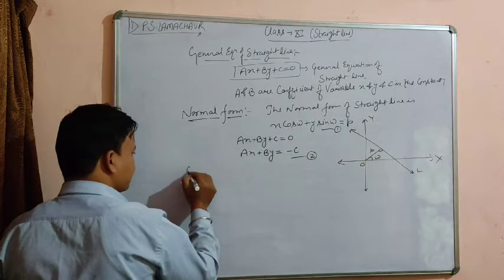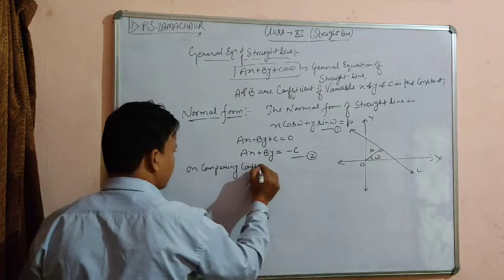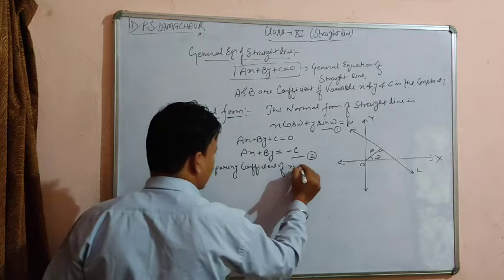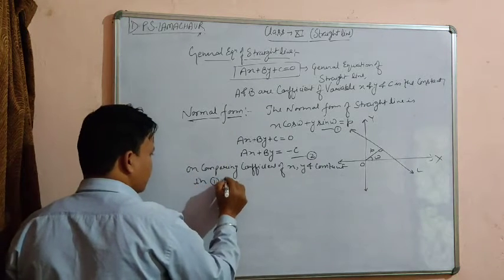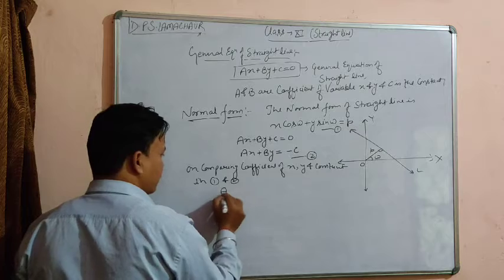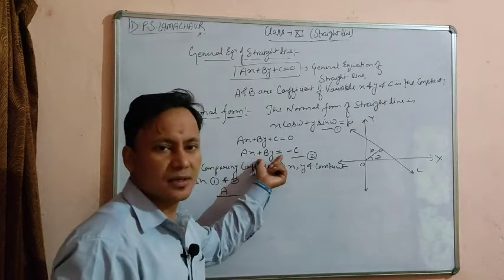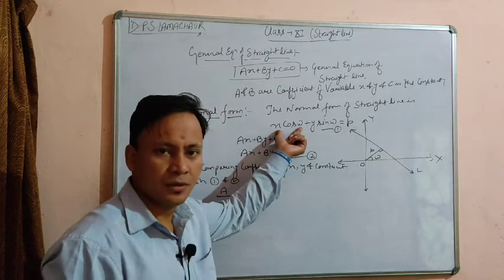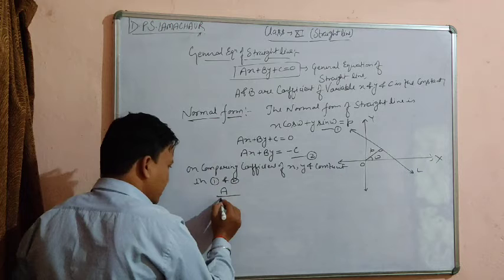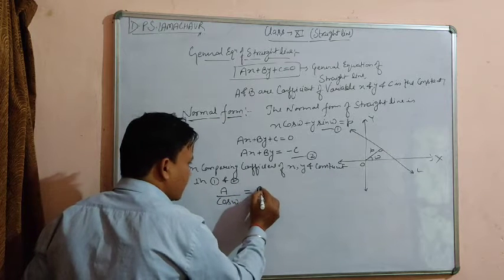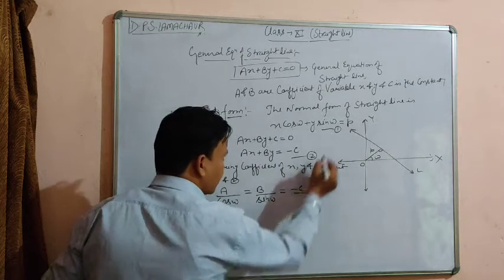Now on comparing the coefficients of x, y and constant in equations 1 and 2, what we get: a upon cos omega equal to b upon sin omega equal to minus c upon p, the constant.